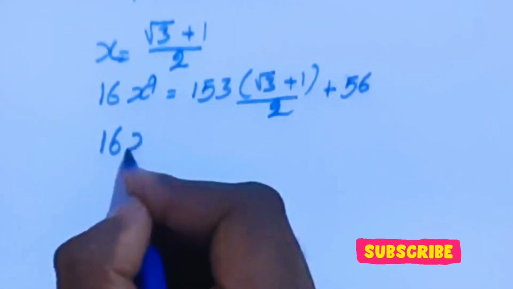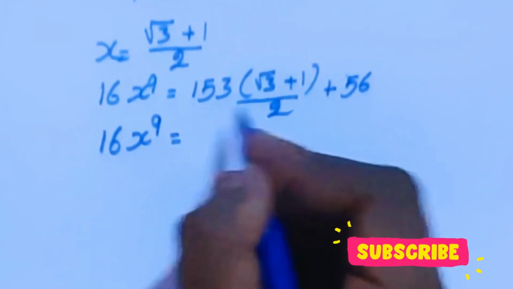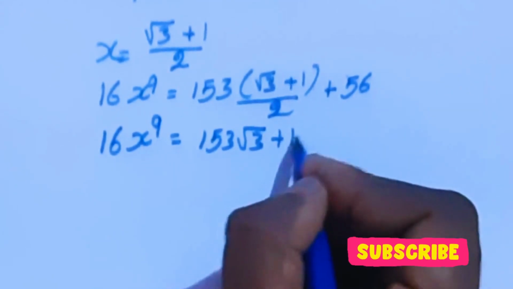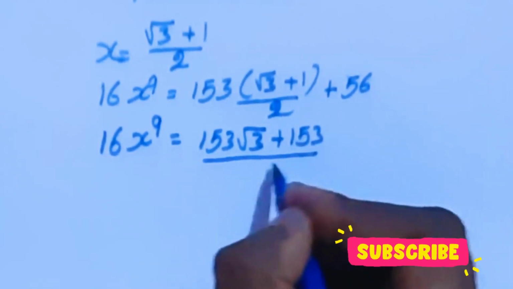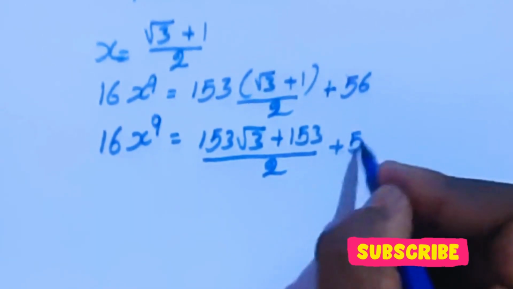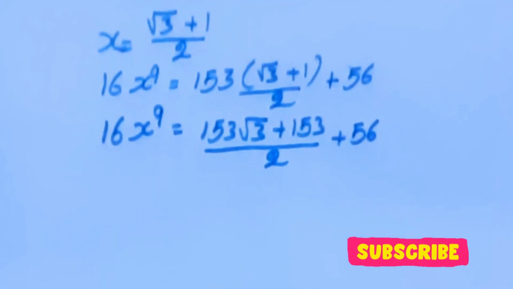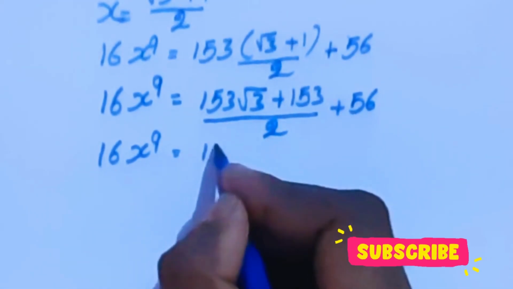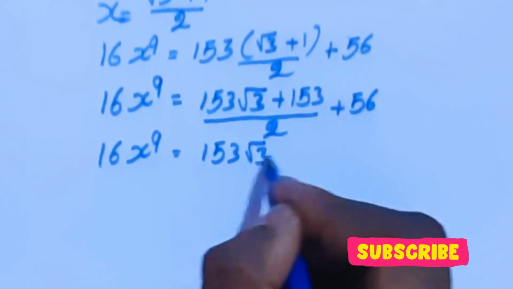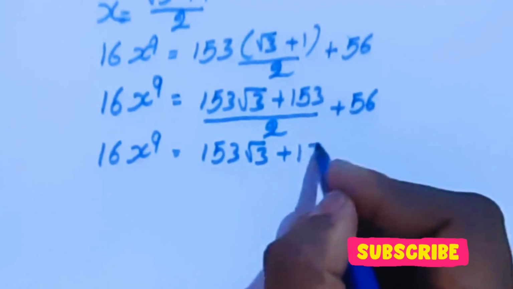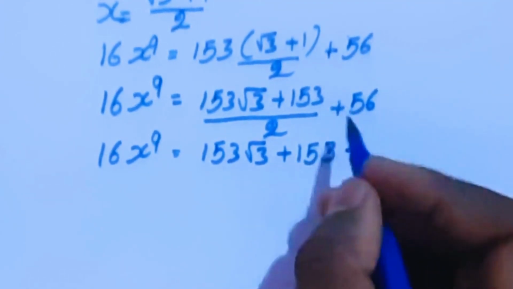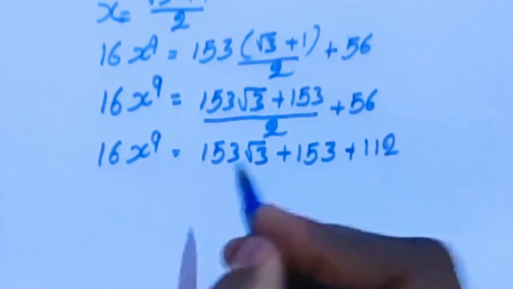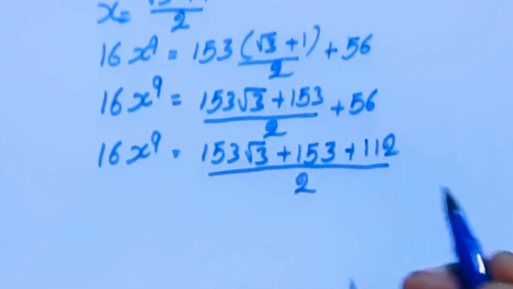Now 16x to the power of 9 equal to 153 square root of 3 plus 153 by 2 plus 56. Now equal to 153 square root of 3 plus 153 plus, here it is, 2 times of 56 is 112, by 2.